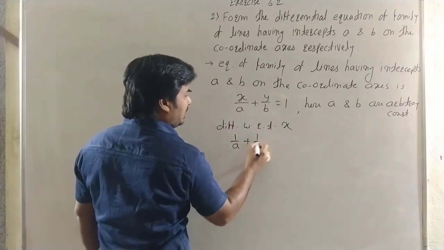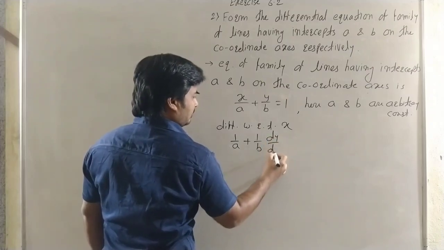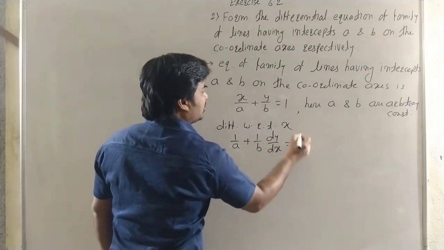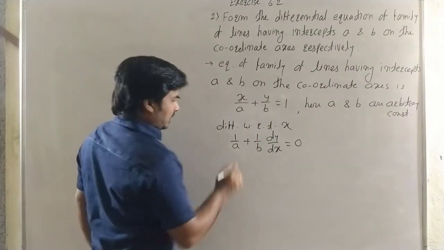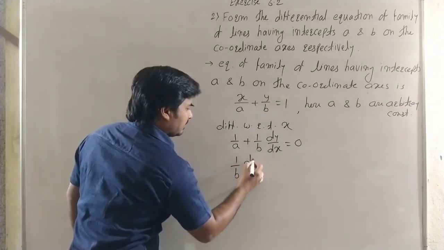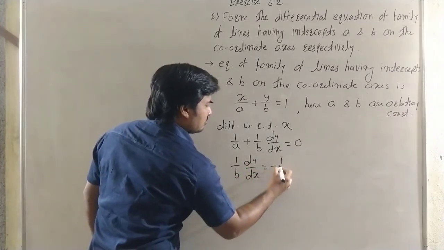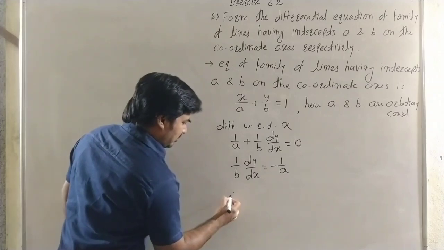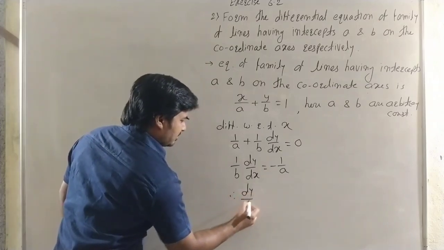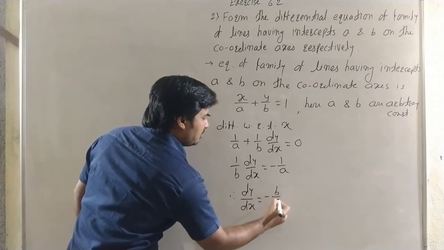Plus 1 by b is a constant and derivative of y is dy by dx. And here it is 0, the derivative of 1. Now we can write 1 by b dy by dx is equal to minus 1 by a, and therefore dy by dx is equal to minus b by a.